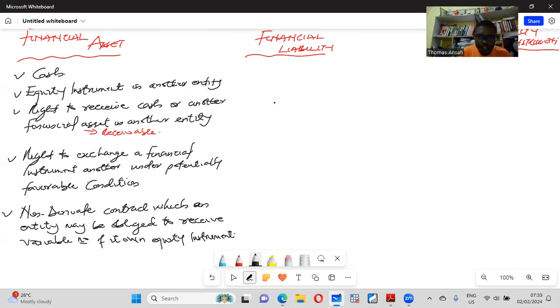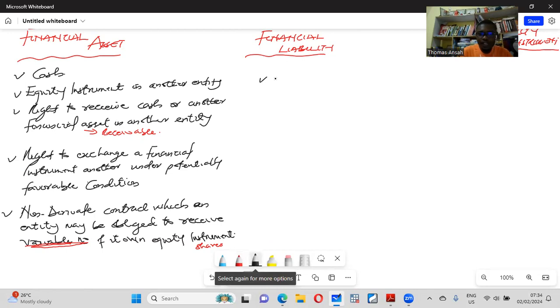In the same vein, when you talk about a financial liability, please take note of these words, variable number. It's not fixed. Variable means that you don't really know the number of its own equity instruments or equity shares.